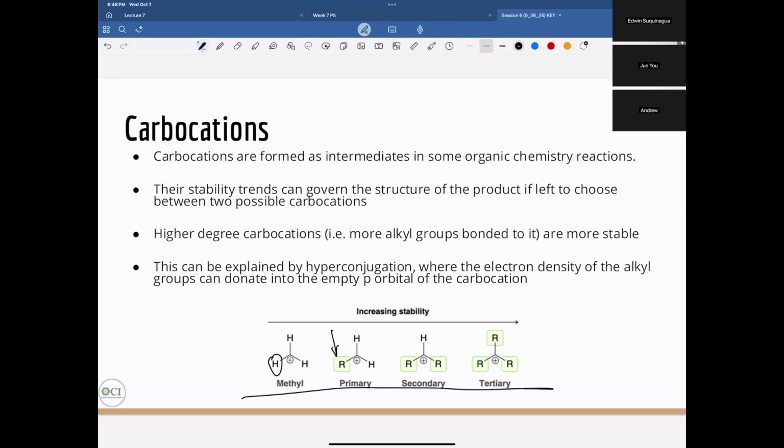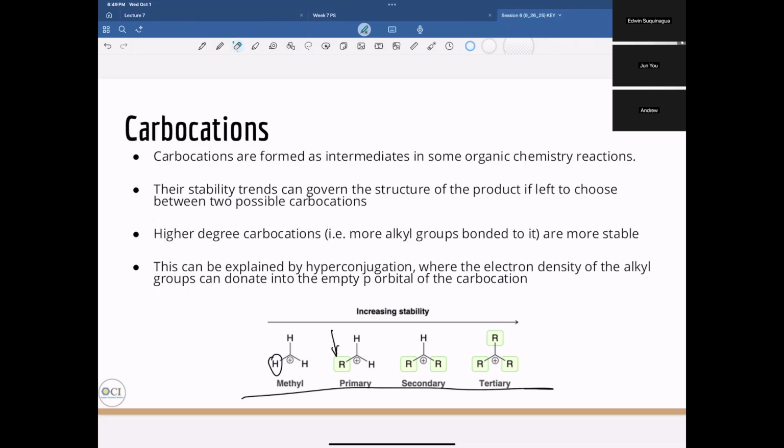And to determine stability here, the more alkyl groups that surround the positive carbocation, the more stable that carbocation is, okay? So that's why we see here that methyl is the least stable of these carbocations because it's surrounded by hydrogen.